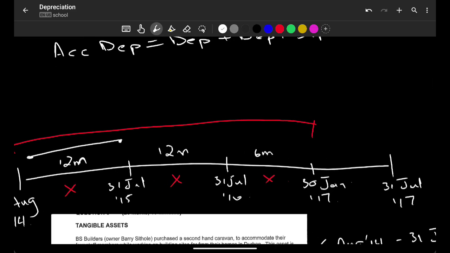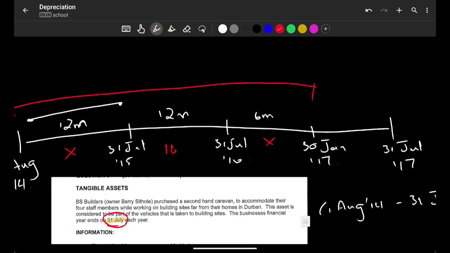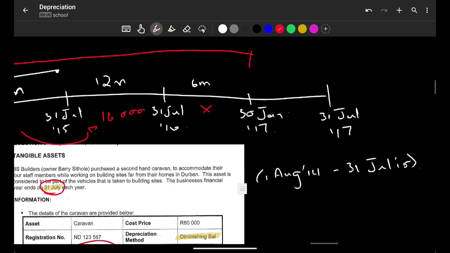So when calculating year 2, your accumulated depreciation at that point is 16,000. At year 0, your accumulated depreciation was 0, so 0 plus 16,000 gives you 16,000.